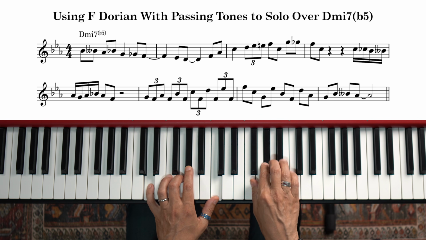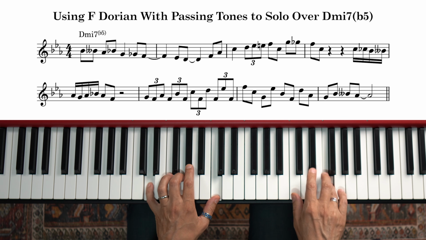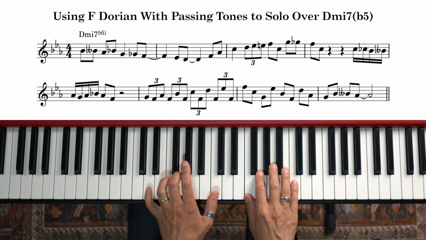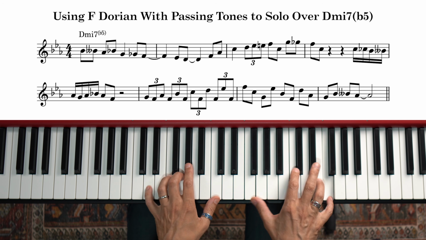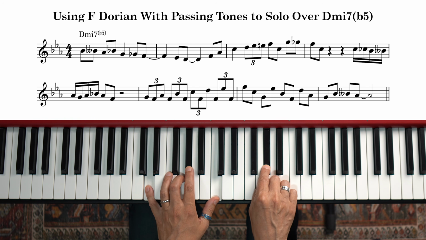To better reflect what we might do in an actual solo and not an exercise, this time I'll use some chromatic passing tones that are not part of the scale as well. So that scale was the safer choice. It will pretty much always work.